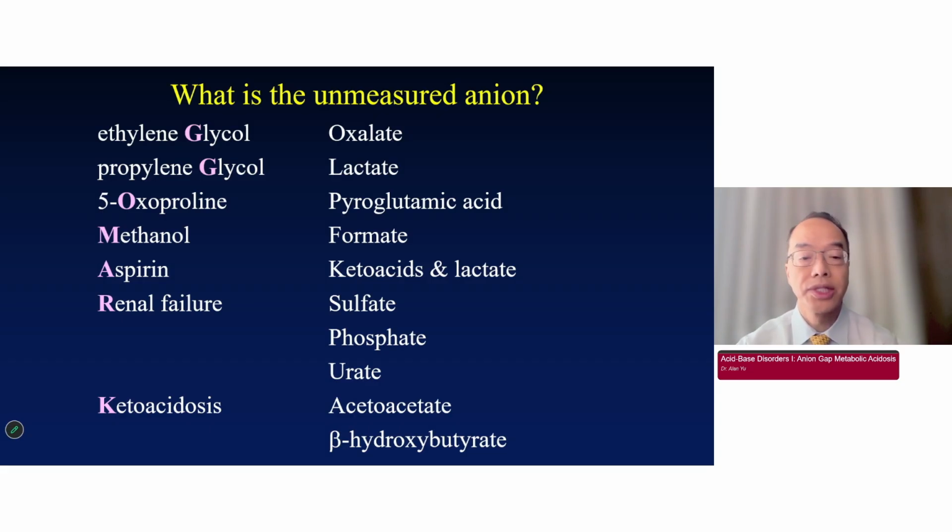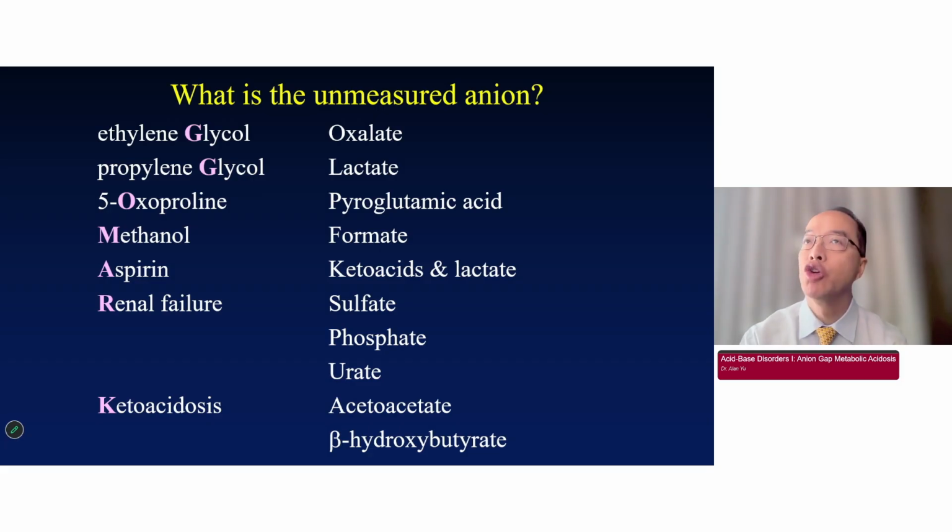And those include sulfuric acid, so sulfate accumulates, phosphoric acid, so phosphate accumulates, which we're all familiar with, uric acid, urate, and a number of other minor ones. So any form of renal failure, acute or chronic, will lead to some accumulation of these acids and their accompanying anions.